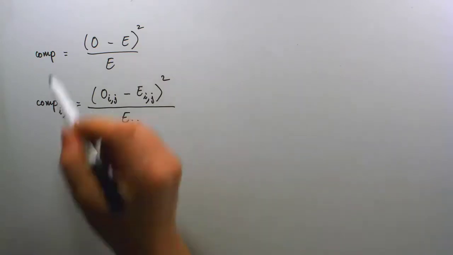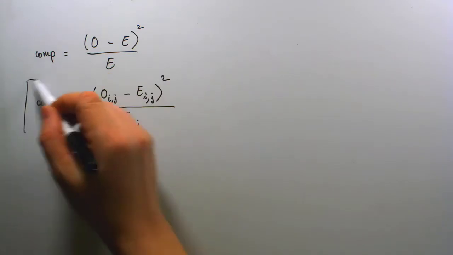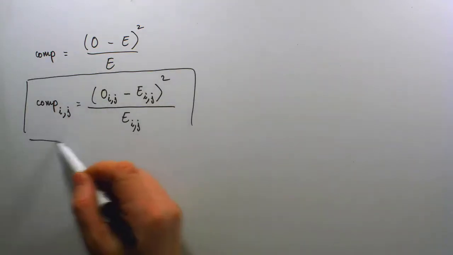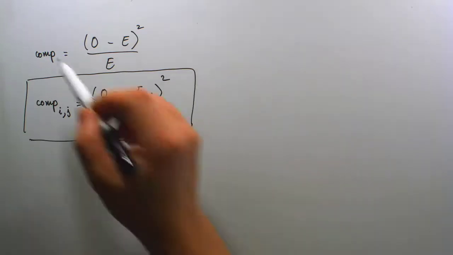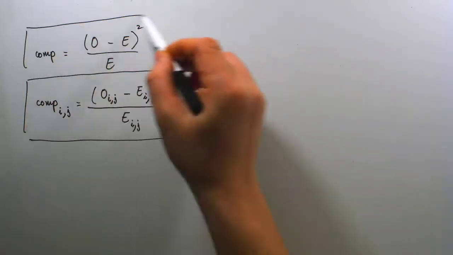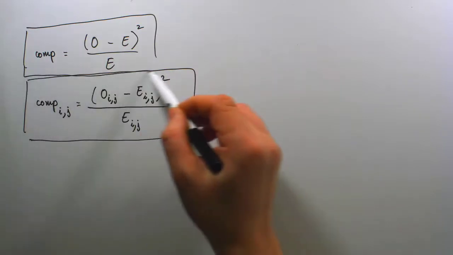So primarily this is the formula for our case working with a two-way table. That's how we generally find component values.